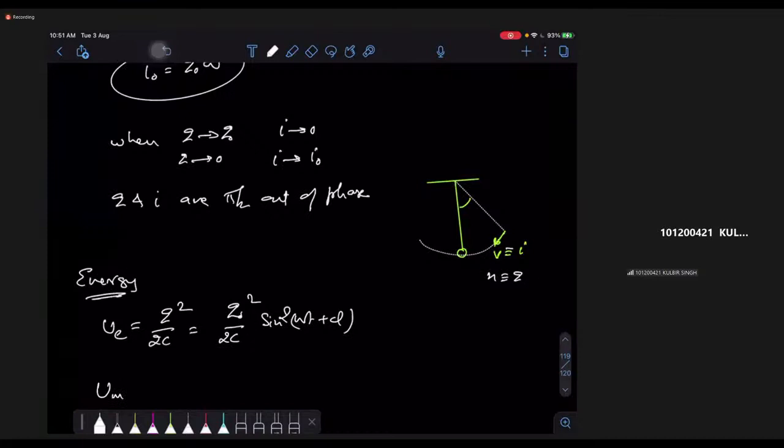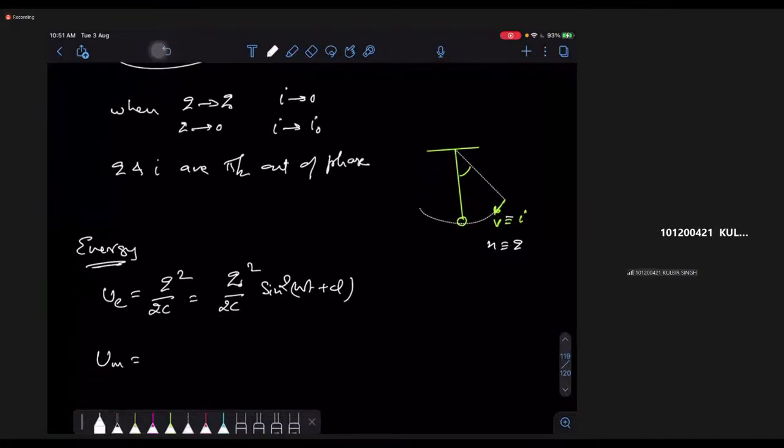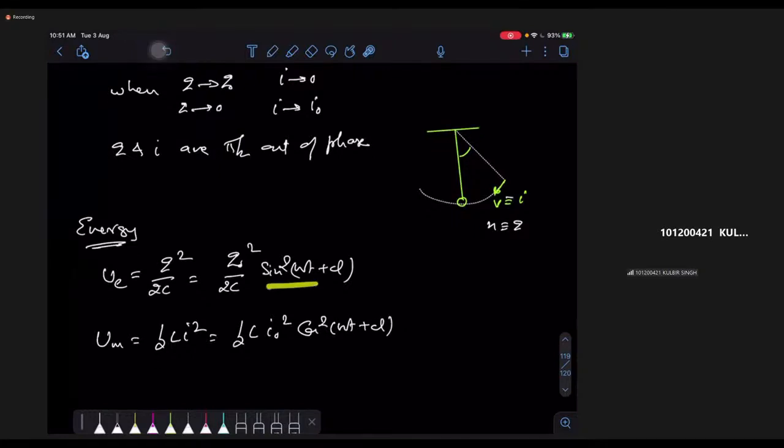And what about the magnetic energy? Magnetic energy is half L I squared, half L I naught squared, cos squared (omega t plus phi). Right? So my electrical energy varies with sine squared, and this magnetic energy varies with cos squared.